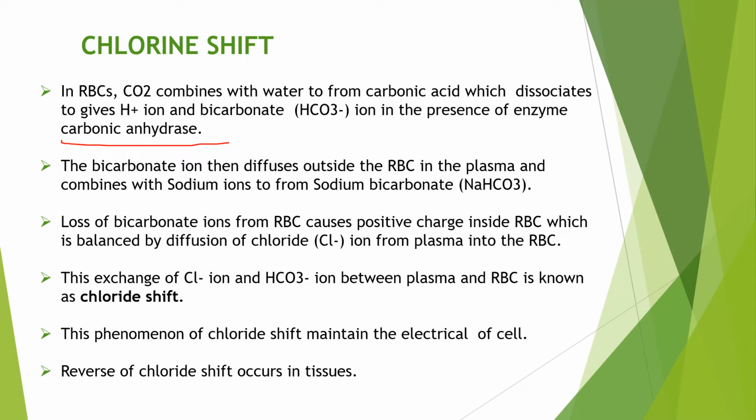This loss of bicarbonate ion from the RBC is balanced by the diffusion of chloride ion into the RBC. This exchange of chloride and bicarbonate ion between the plasma and RBC is known as the chloride shift. This is done to maintain the electrical charge of the cell. The reverse of the chloride shift occurs in the tissue.